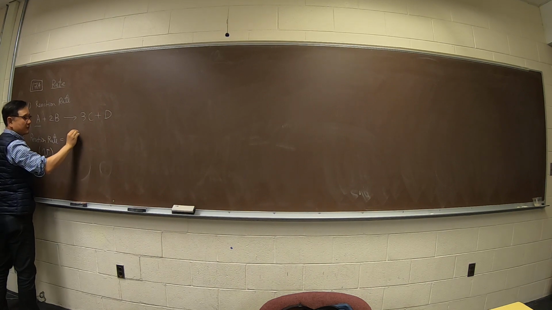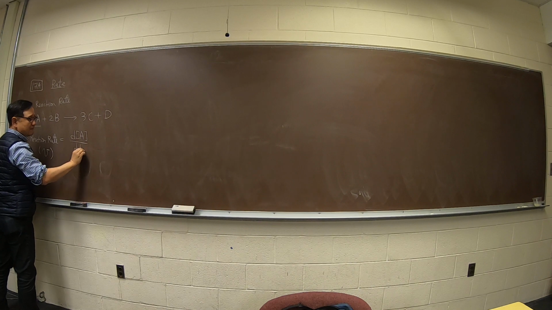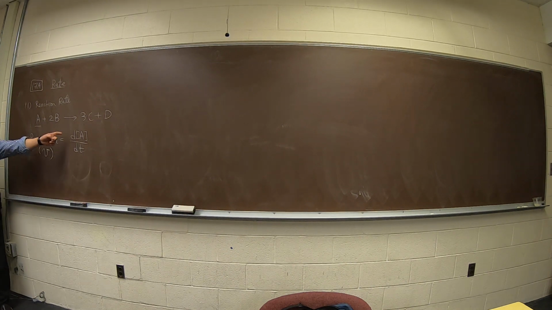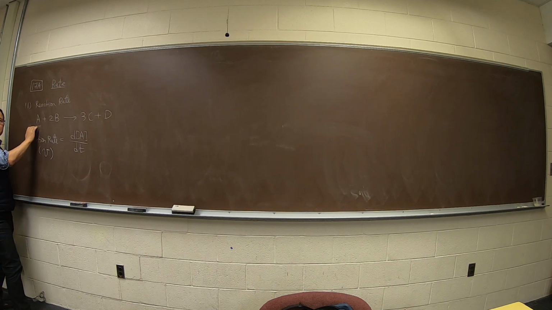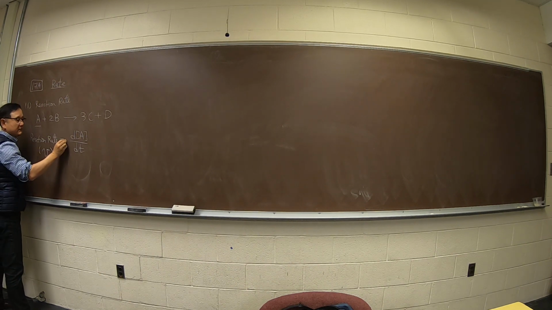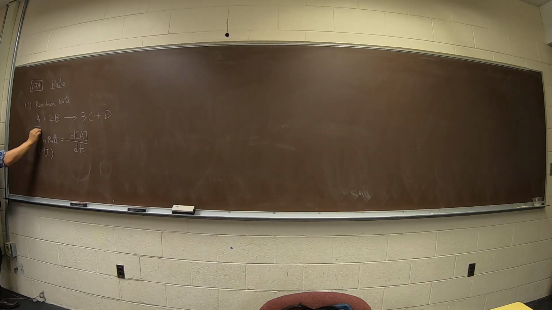So the change in the concentration of A, how fast it changes, right? Delta concentration over delta t, but because this concentration is going to decrease, you want to put a negative sign. So this one is essentially a positive number in this sense.